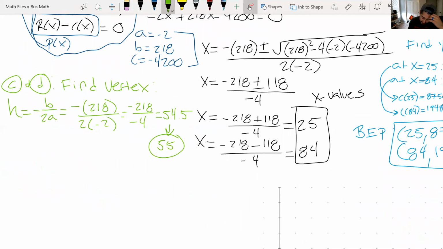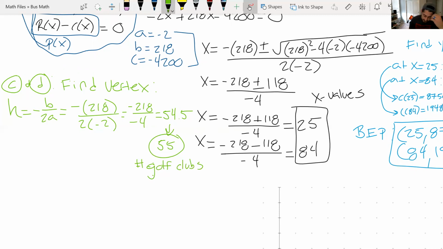55 happens to be the max number of golf clubs we can sell to make max profit. So 55 is the number of golf clubs.